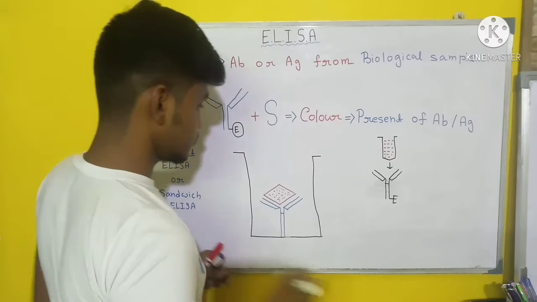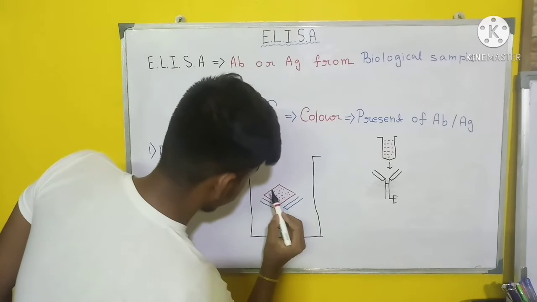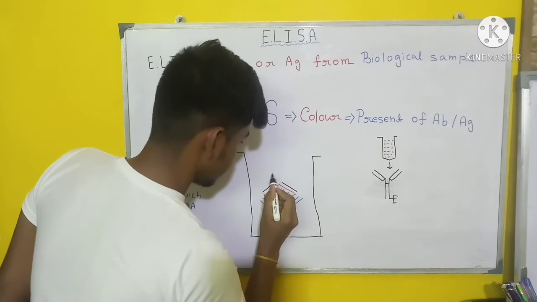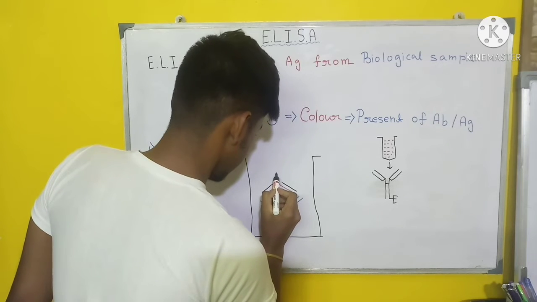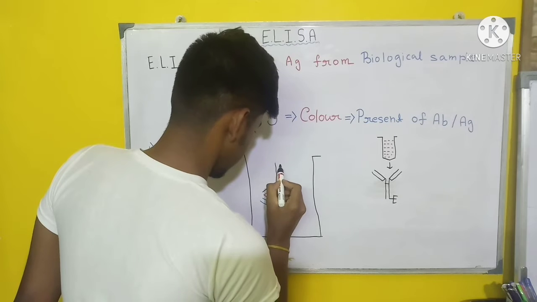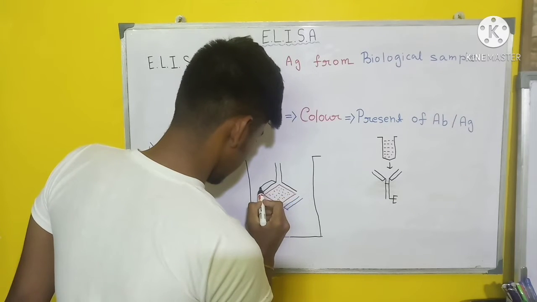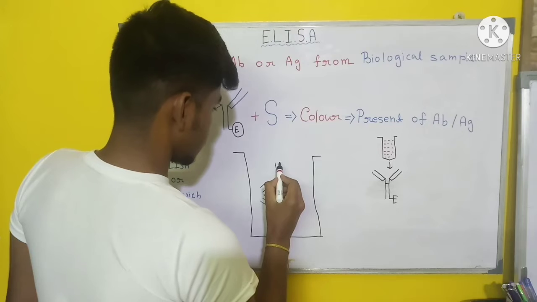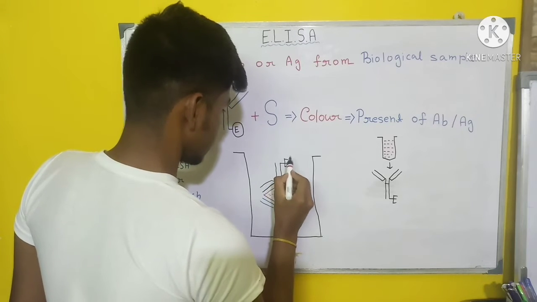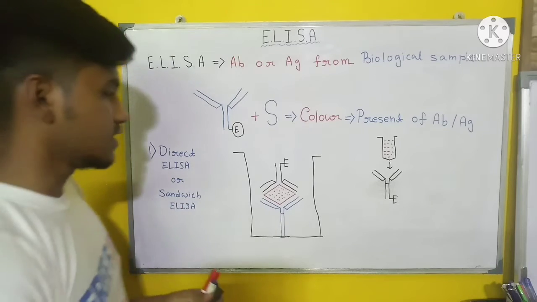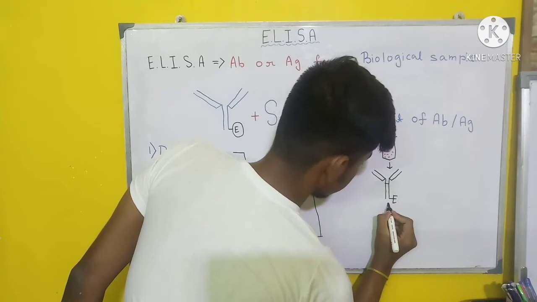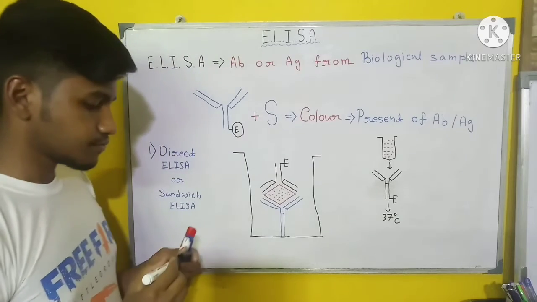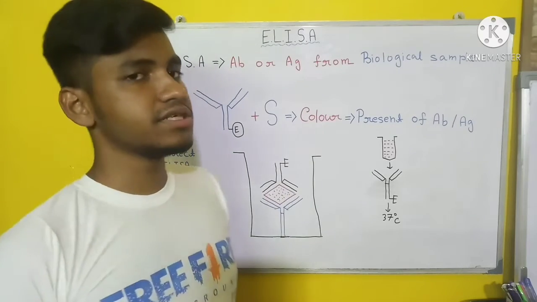Now this enzyme linked antibody will attach on this antigen, and then we will incubate it at 37 degrees Celsius.